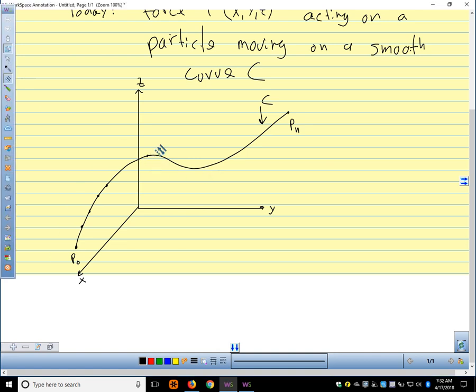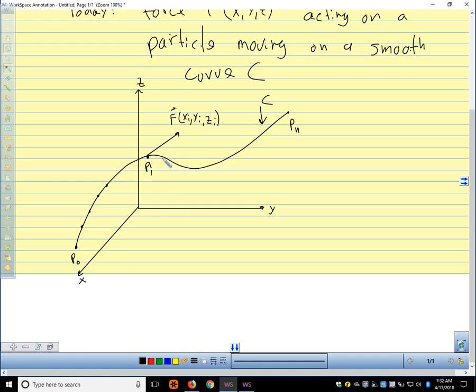And I'm going to draw a picture here. Here is the force acting at the ith subinterval. So this is F of x sub i, y sub i, z sub i. And I'm going to call this point P sub i.